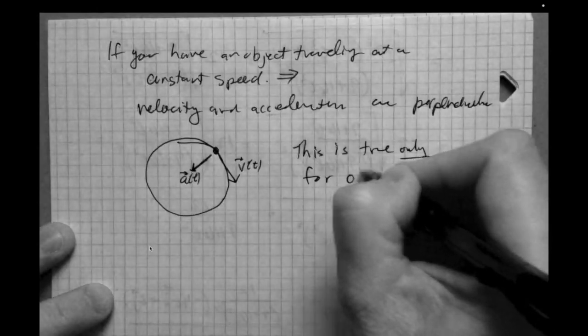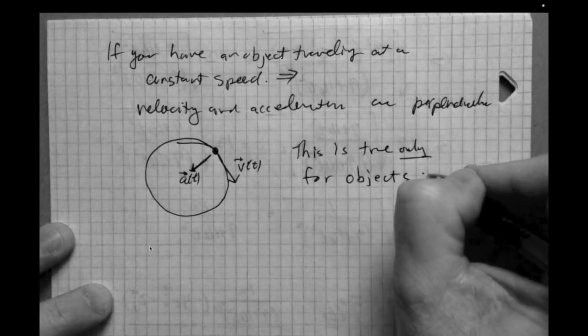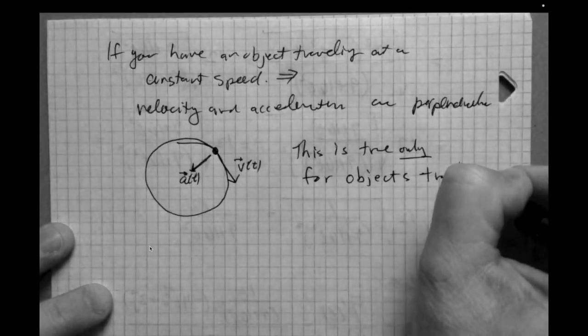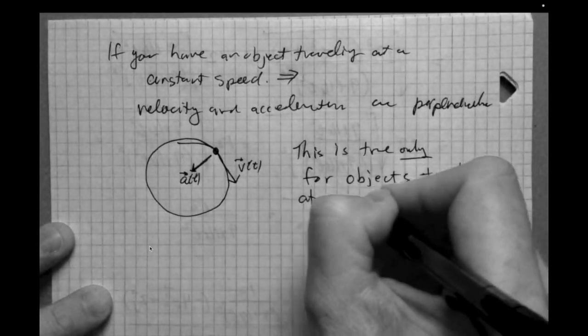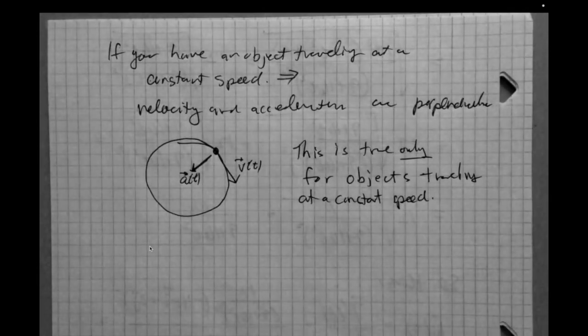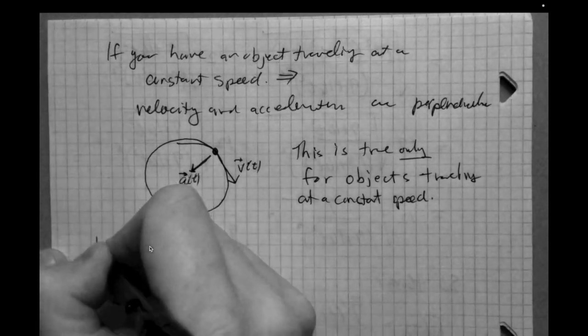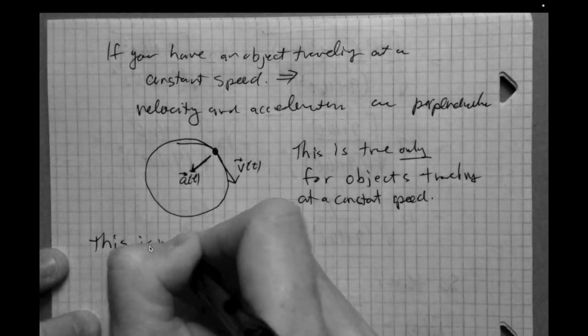Only for objects traveling at a constant speed. This is true only for objects traveling at a constant speed, where you have acceleration and velocity orthogonal to one another. Now, in general, this isn't true for objects that travel at a variable speed, right?